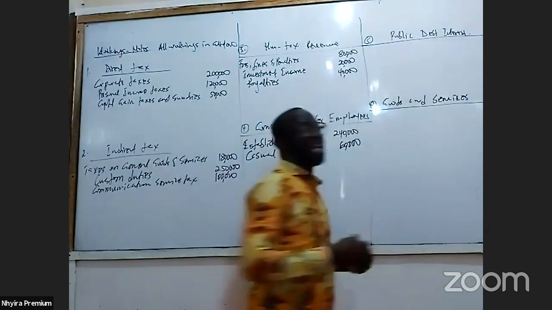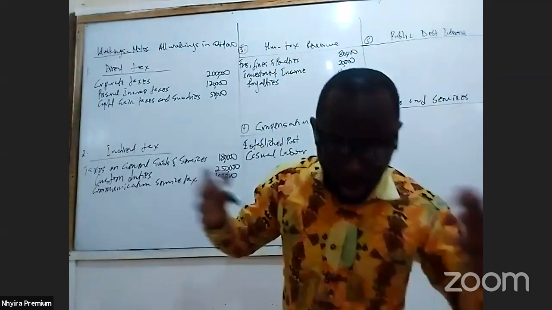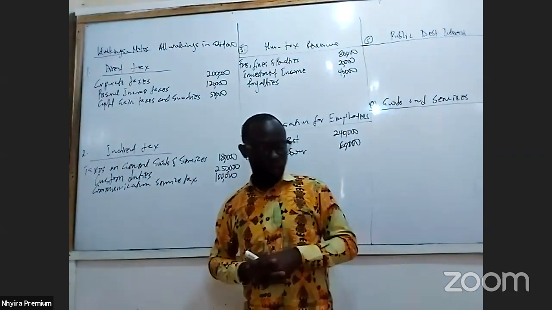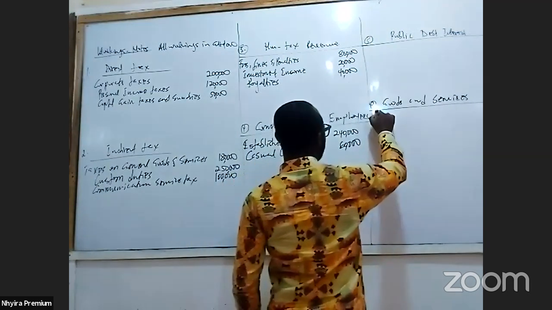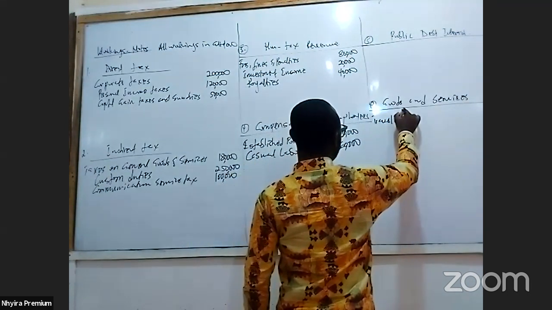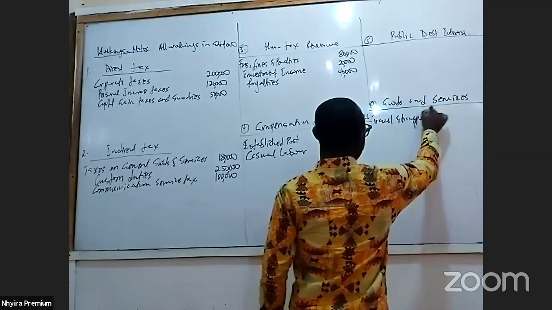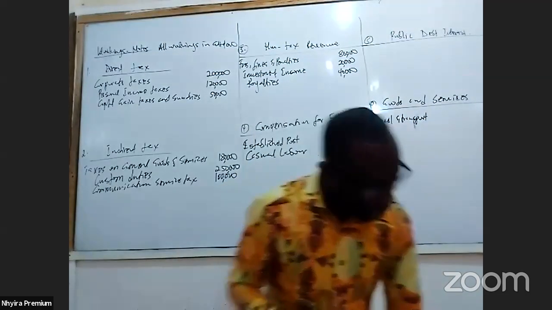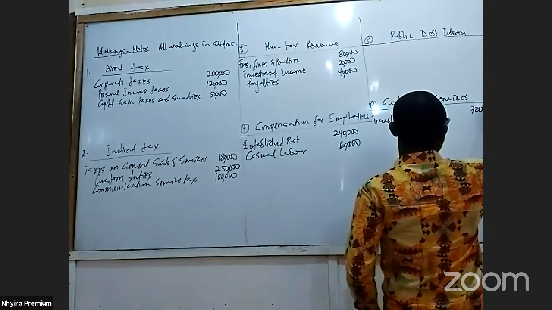Goods and services. This is where the day-to-day running of the administration of government or of the fund will be brought. So travel and transport is going to be 70,000. That's what we have here.